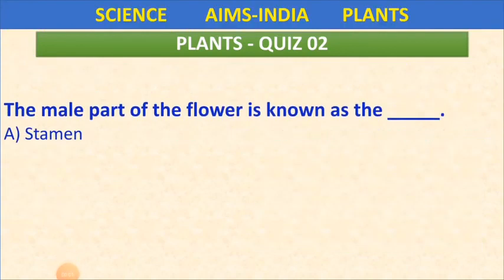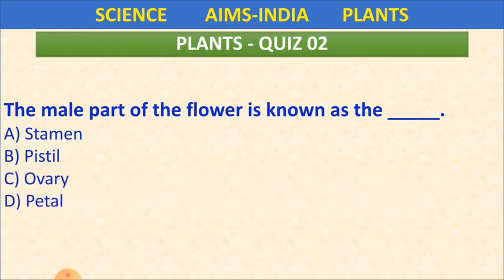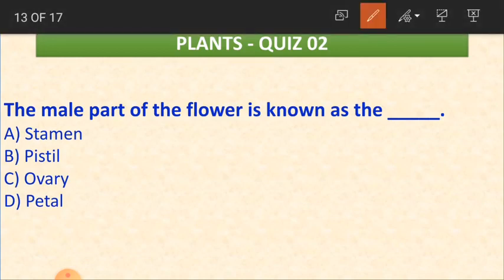Yes, now the question is, the male part of the flower is known as the stamen, pistil, ovary or petal. What do we call the male part of the flower, children? Remember, we call it the stamen. The male part of the flower is known as stamen. Okay.